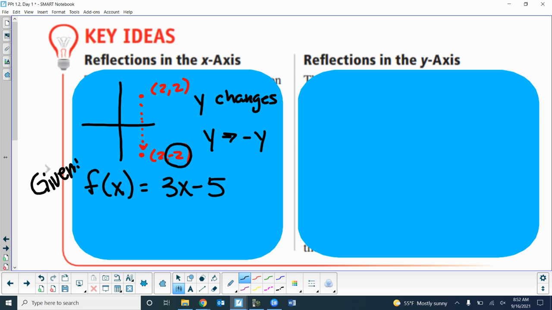And remember, that's the same as y equals 3x minus 5, right? f of x is function notation. y equals is equation notation, right? So I'm making the y negative. So if y equals 3x minus 5, I've got to make the whole thing negative.